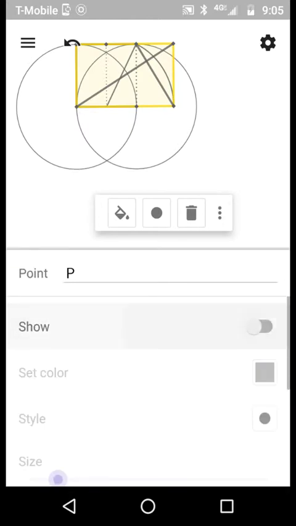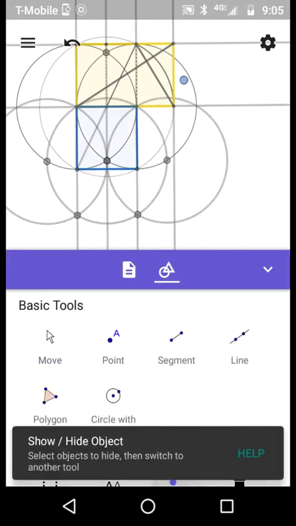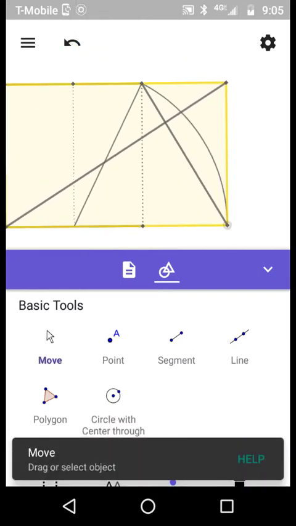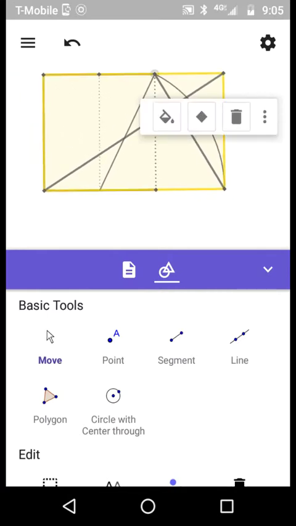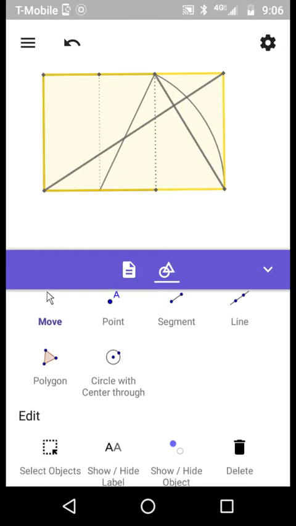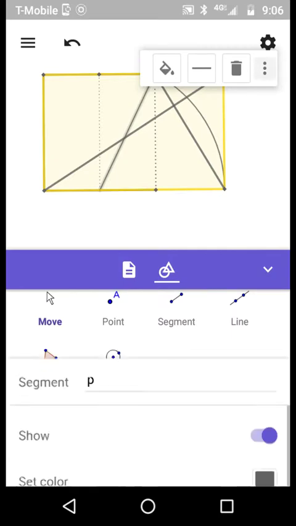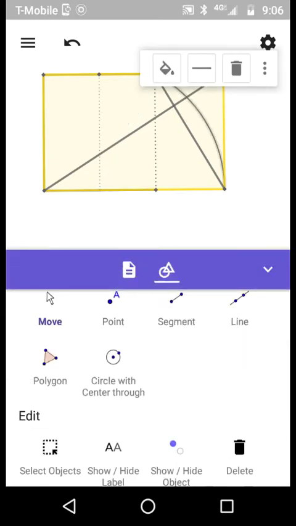Don't want to see that one. And right now, I don't really want to see the original two circles. And having explained the construction lines here, I don't really want to see them either. So I'm going to get rid of this. I'm not going to get rid of it permanently, I'm just going to make it not show up. Get rid of this one.